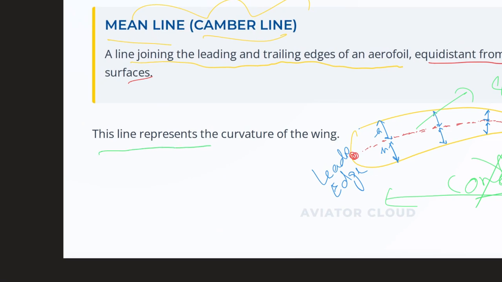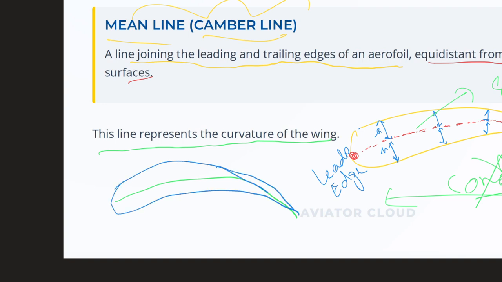This line represents the curvature of the wing. So what is the importance of this line? If I draw a camber line like this, you will understand how much the curvature of the wing is. So this is the mean camber line.